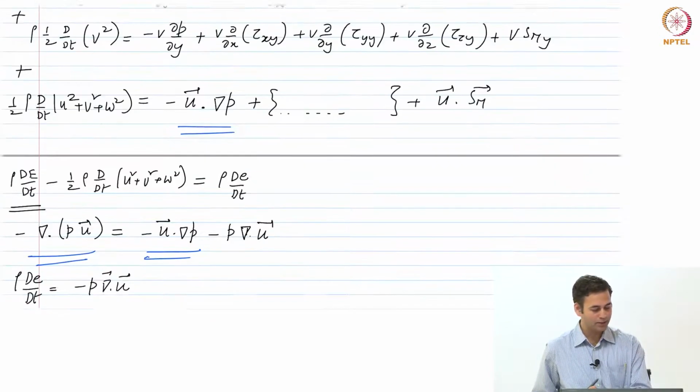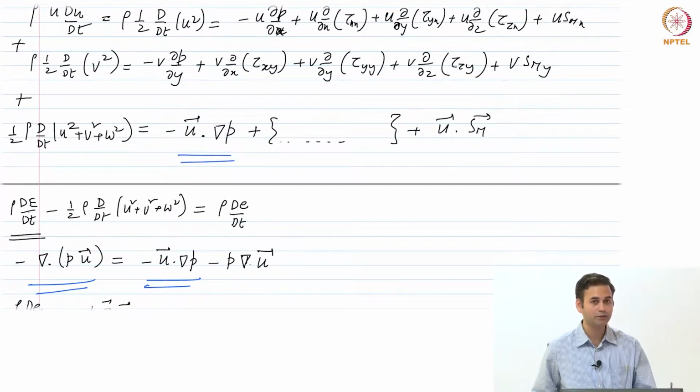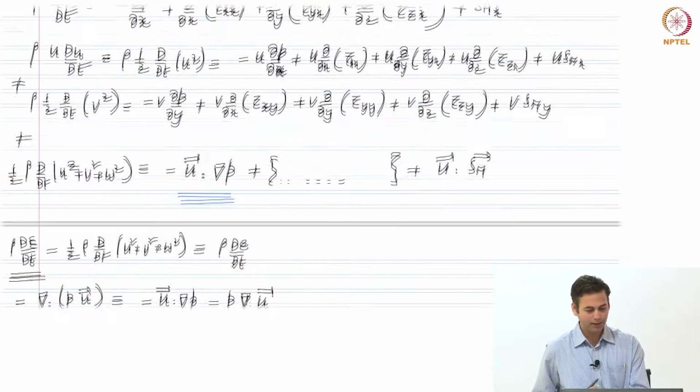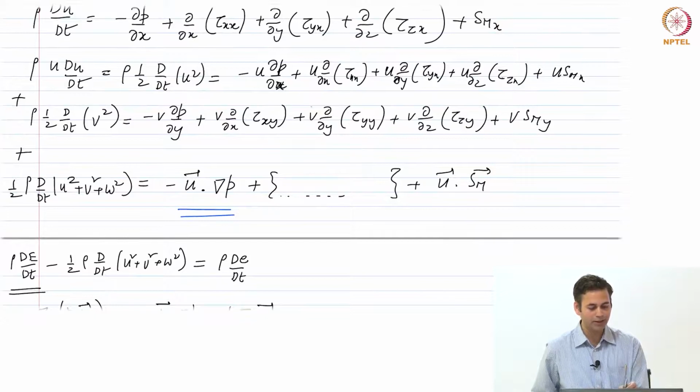Now, what does the equation for rho de/dt contain in terms of the tau xx, tau ij stress tensor and u, v, w? What we had was a really long 9 terms just like here. Only thing was, in these terms the u was inside the partial derivative. If you go back, we had partial x of u tau xx, u tau yx and so on, right.